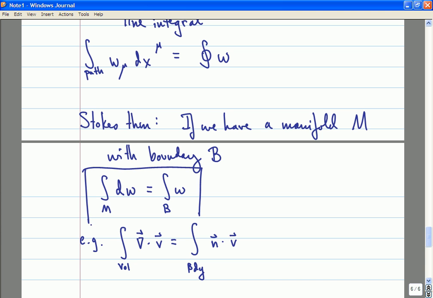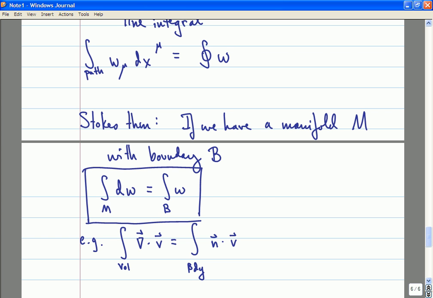This formula is lovely in electromagnetism, because electromagnetism can be formulated in the language of differential forms. It allows you to write down Gauss's law in zero lines or one line.